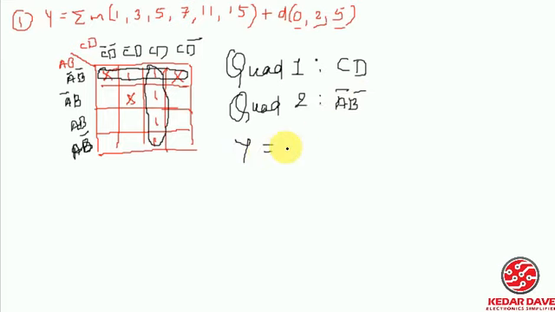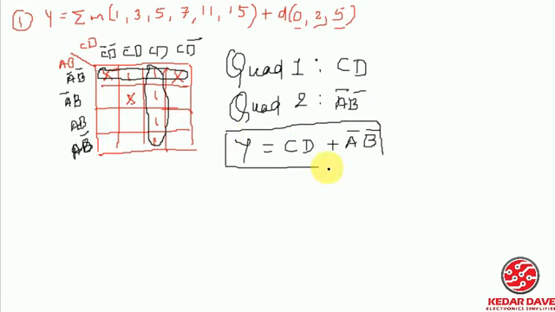From this we can write the Boolean equation CD plus A bar B bar. This way the Boolean expression can be achieved, and this Boolean expression will be useful for making a logic diagram.